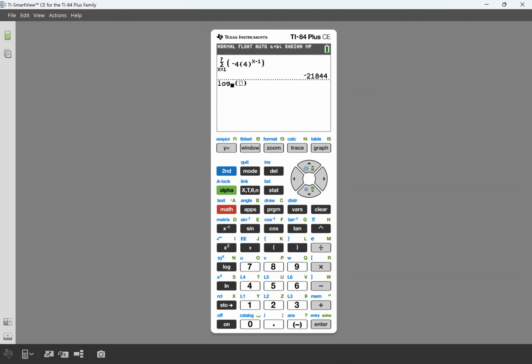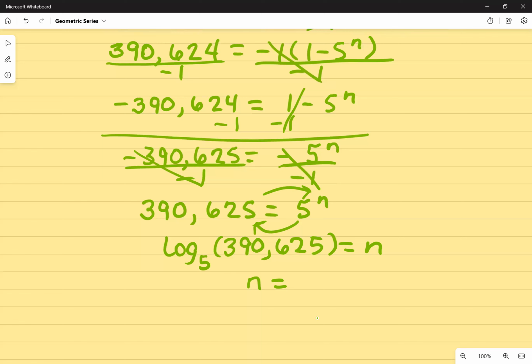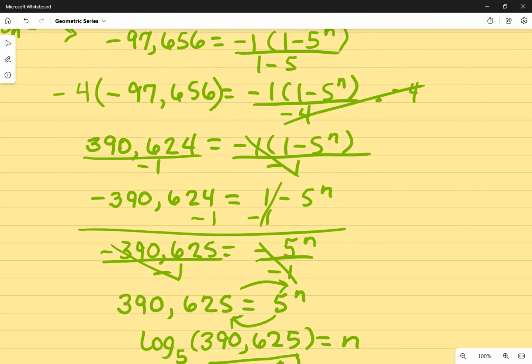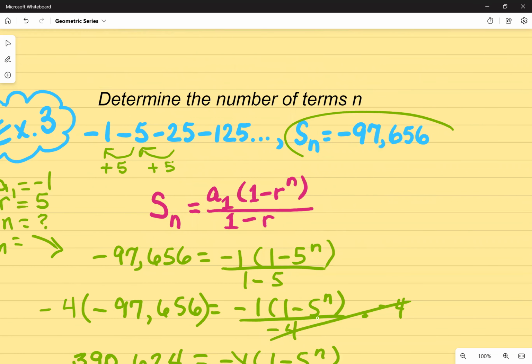That's going to give me my log base. And I can put 5 and over to the side, 390,625. And it tells me my answer is 8. So n is 8. That's how many terms that will be in my geometric series in order for my sum of the terms to equal this.